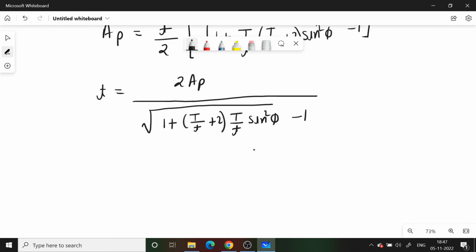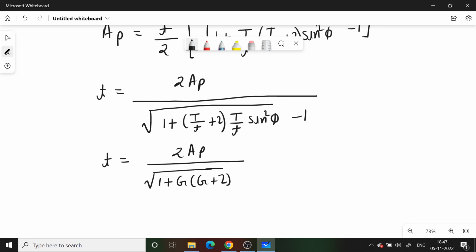Or capital T upon small t is the gear ratio G, so it is under root 1 plus G, G plus 2, sin square phi, minus 1.